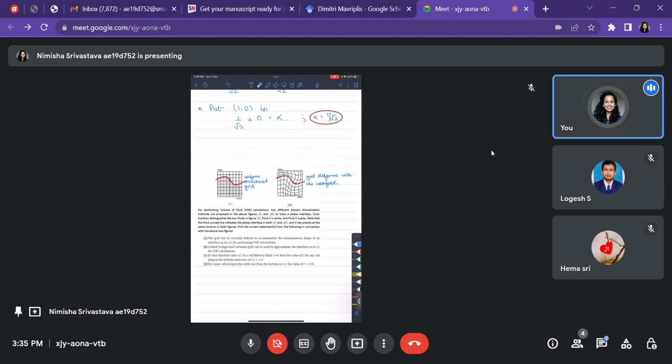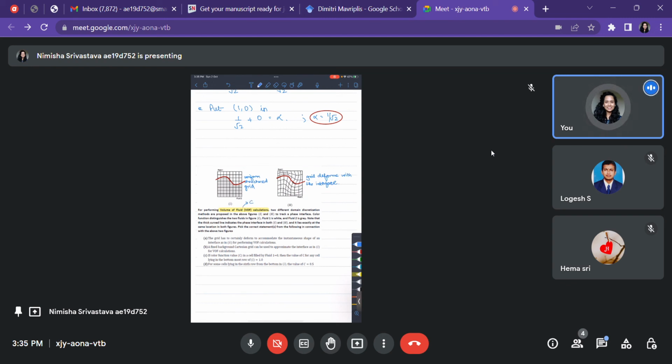Okay. So the two different domain discretization methods are shown in the above figures. One more piece of information which is important is that this is for performing volume of fluid calculations. So the condition is that the volume of fluid method is being used. What does the volume of fluid method do?